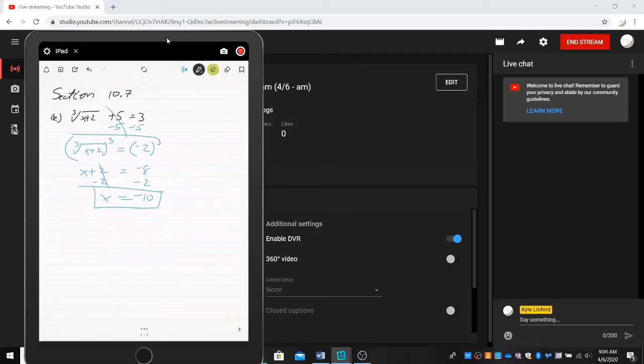Extraneous solutions popped up because we took a function that has a restricted domain, right? If you remember square roots, in the real number system, their domains are where the radicand can't be negative. And even though this is a cube root, we still have a bit of a restricted domain issue here.